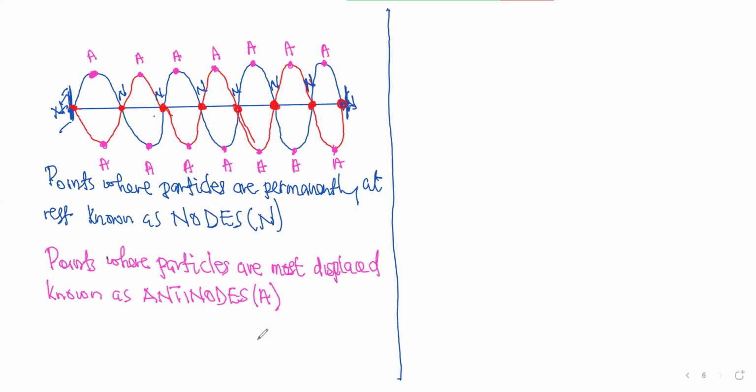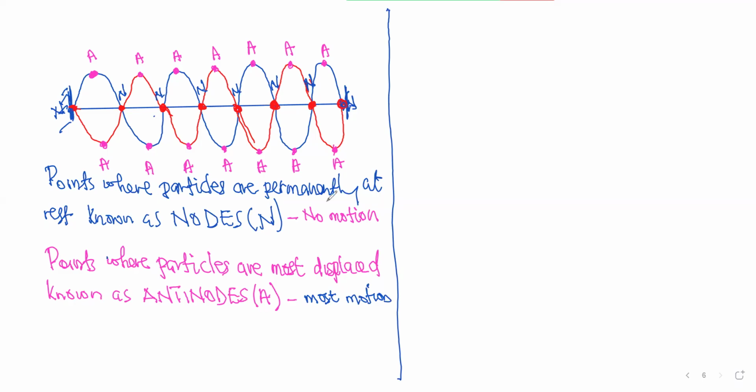So nodes are no motion. In layman's language, nodes mean no motion, whereas antinodes mean most motion. So here, no motion of what?